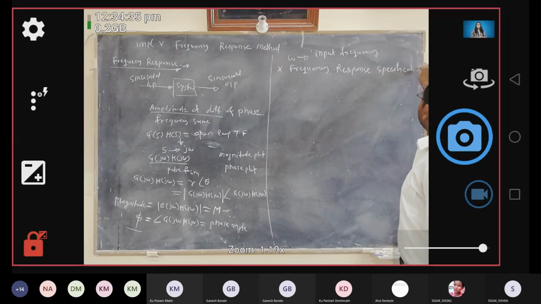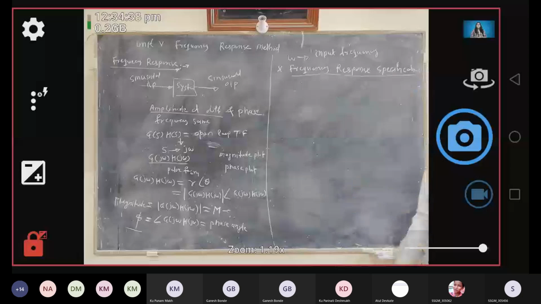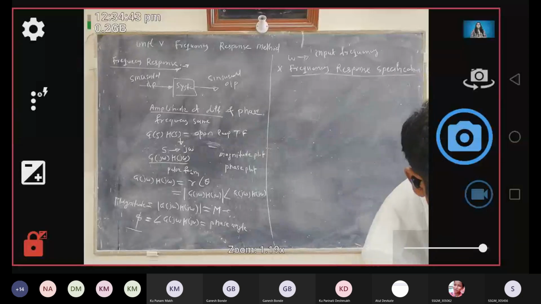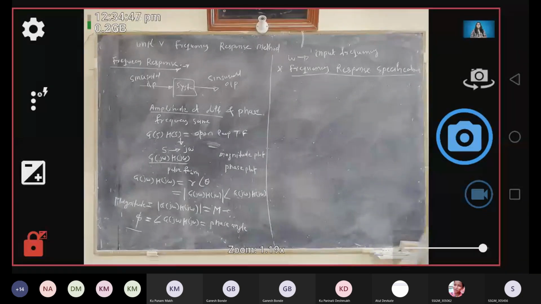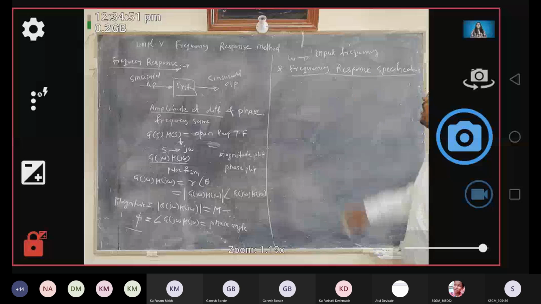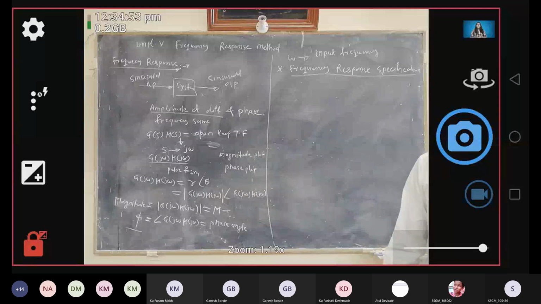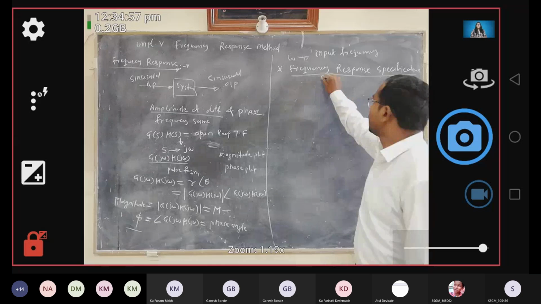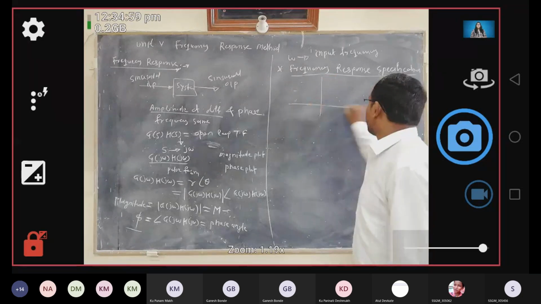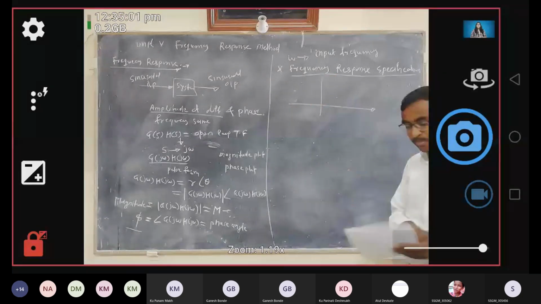In time response specifications, we have peak time, rise time, peak overshoot, and settling time. Similarly, the same can be correlated in the frequency response also. I will give you one example of a plot of the frequency response.